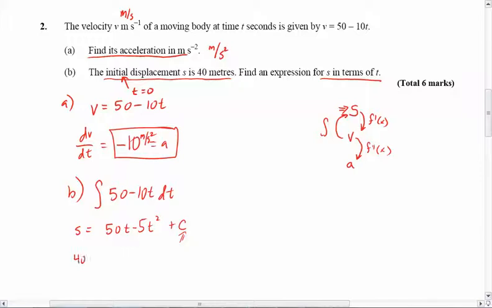So I go 40 equals 50 times 0 minus 5 times 0 squared. And so then those go away, and I've got 40 equals c. So I can write my final equation, which is s equals 50t minus 5t squared plus 40.